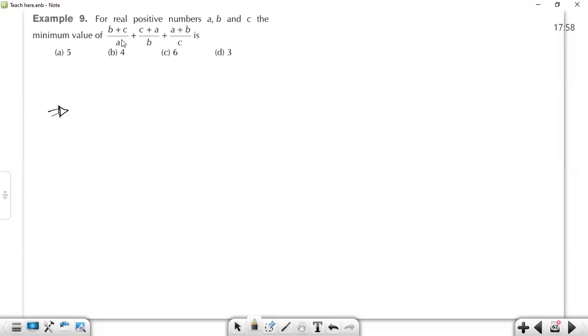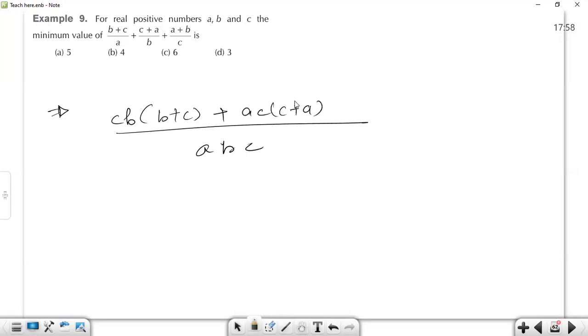B plus C divided by A. So let's take the LCM. ABC will be the LCM. So BC will be multiplied by B plus C, and AC will be multiplied by C plus A, plus AB will be multiplied by A plus B.